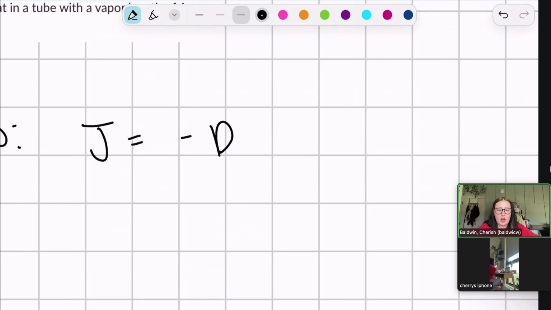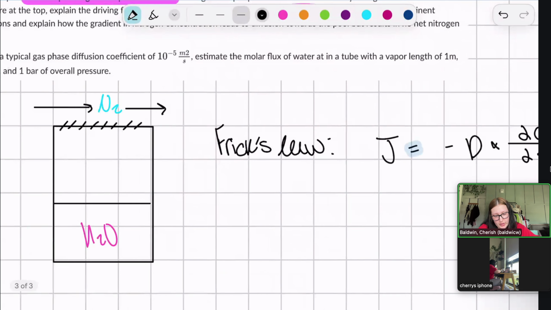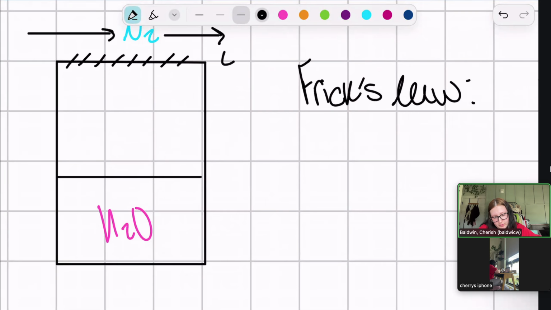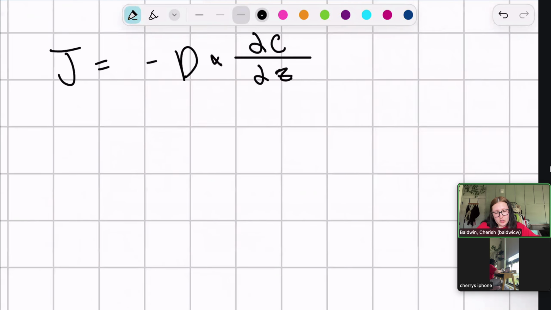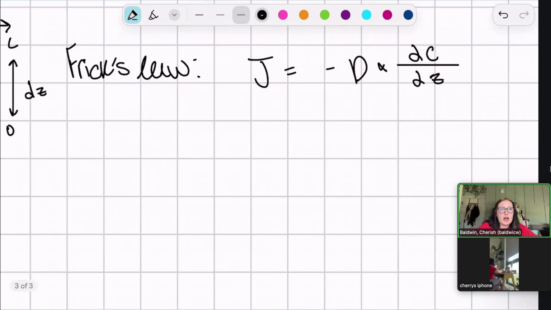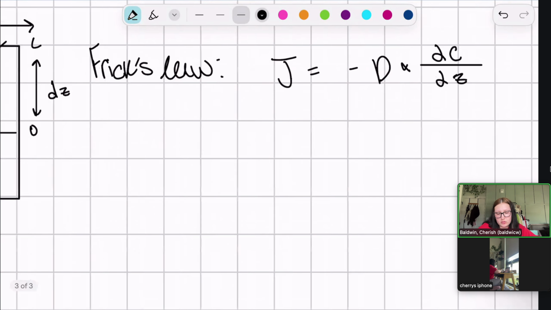It's like a constant for each different element multiplied by the concentration gradient, over the area. This would be L, and this would be 0, so this area would be dz. And the concentration goes from high to low, or the gradient goes from high to low.